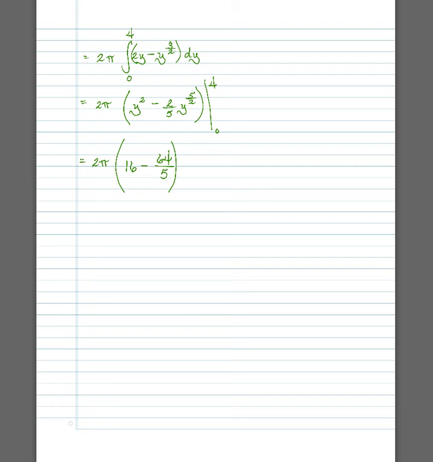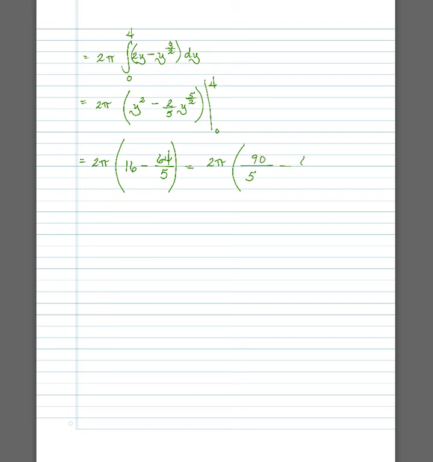So let's simplify this expression. If we reduce this, we get 2 pi times, let's do common denominator. The common denominator is 5. 5 times 16, that's 50 plus 30, that's 90.